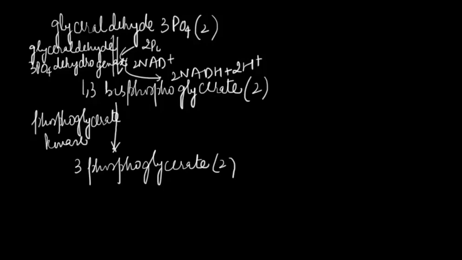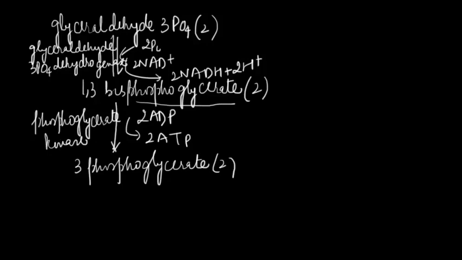This step of glycolysis is the first substrate level phosphorylation. It's called substrate level phosphorylation because here ATP is formed, and the donor of the phosphoryl group at this step is the substrate, which in this case is 1,3-bisphosphoglycerate.